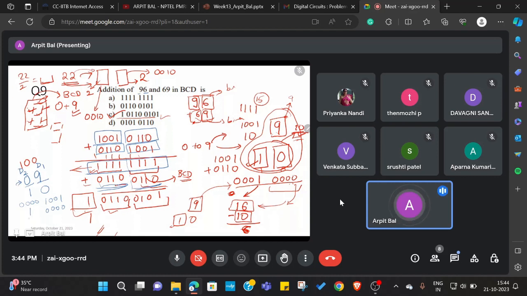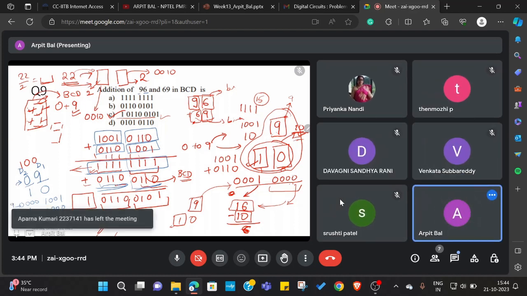In terms of decimal and binary, this is 9 and this is, can anyone tell me how much this is? This is basically 16, right?